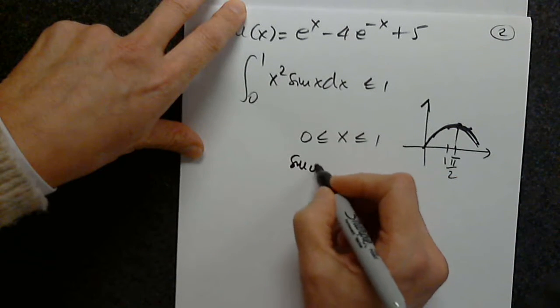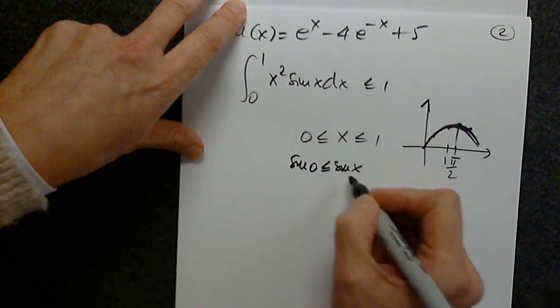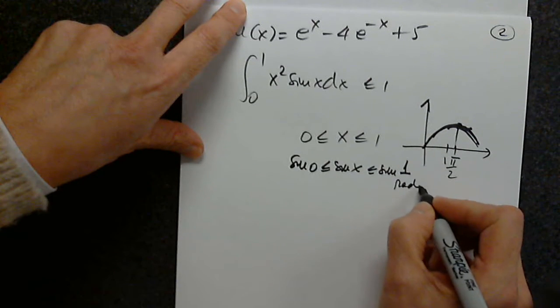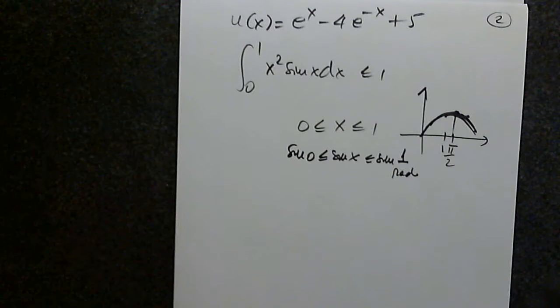So sine 0 less than or equal to sine x less than or equal to sine 1 radian. So I'm applying sine to all 3 sides because sine is increasing. I keep the inequality symbols as they are.